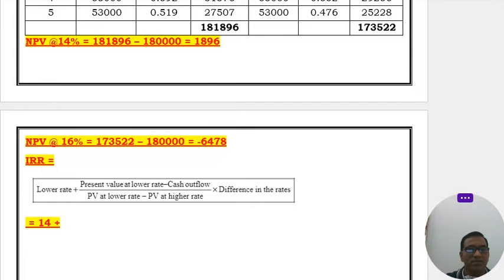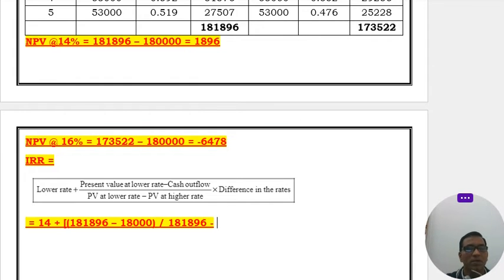14% plus, and now brackets. Present value at lower rate at 14%, 181,896 minus cash outflow 180,000, and divided by PV at lower rate 181,896 minus PV at higher rate.